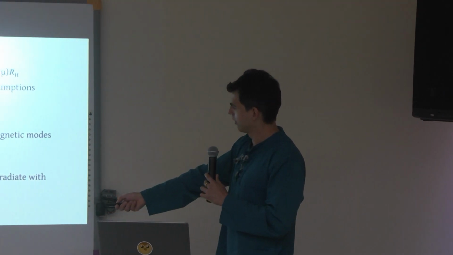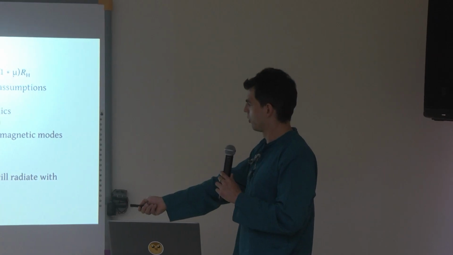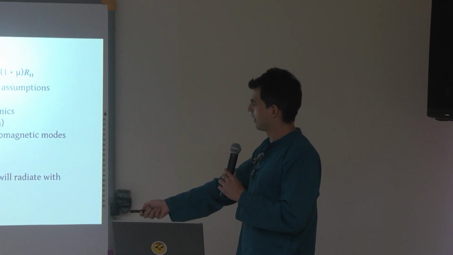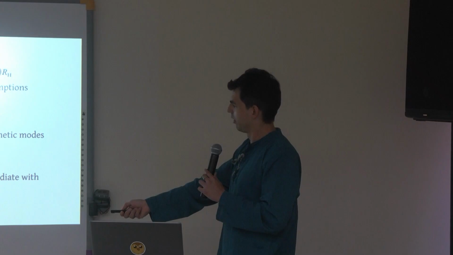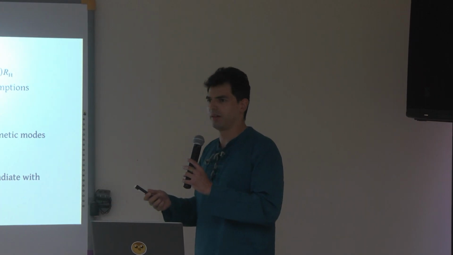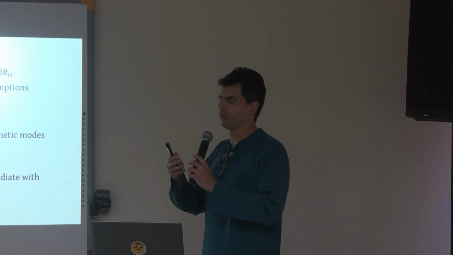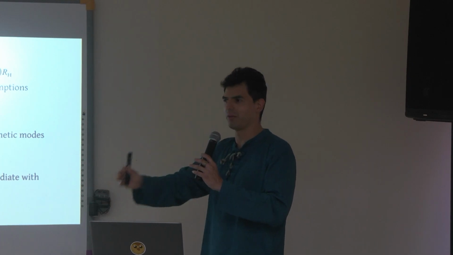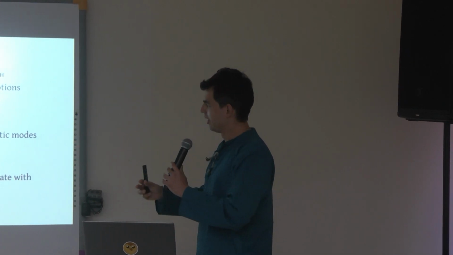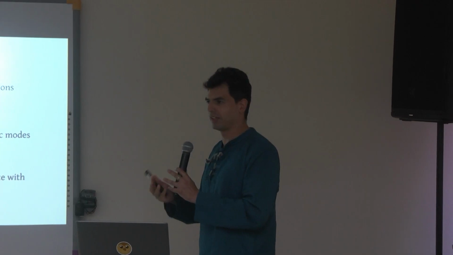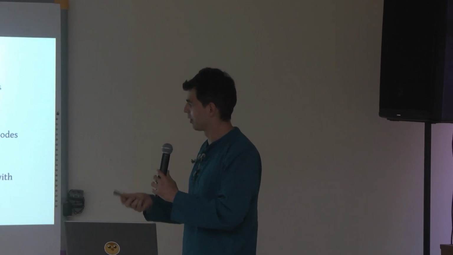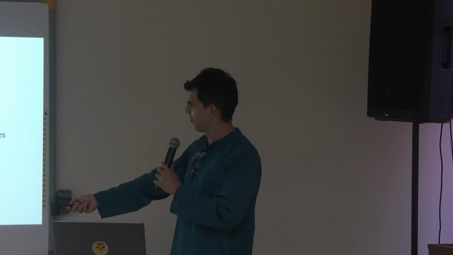This is relatively easy to calculate. One can expect that the efficiency at which the kinetic energy of the accreted matter is converted to heat that will heat up the surface is given by this expression.